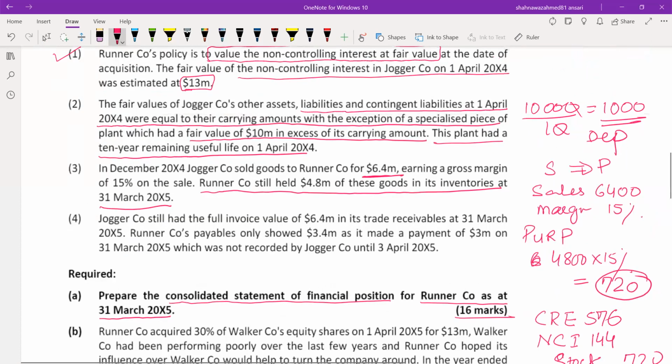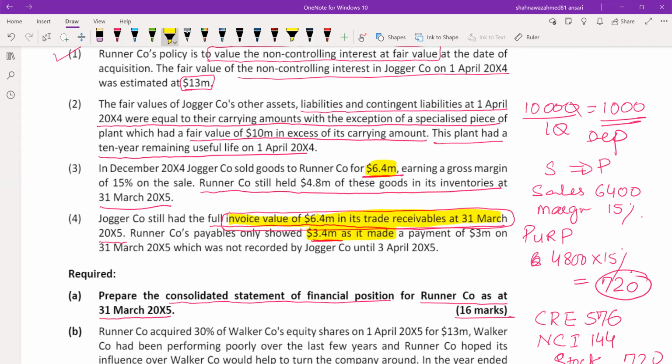Next adjustment: Jogger Co. still had the full invoice value of 6.4 million in its receivable. This is against the intra-group trading value, that is 6.4 million, the same. This is 6.4 million sales and the full invoice value is in the receivable. Runner Co.'s payable only shows 3.4 million. So this is the intra-group balances difference. And the difference, 3 million, is not recorded by Runner Co. So that means this is cash in transit.